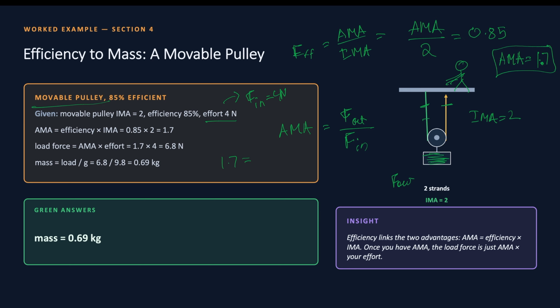Do I know my force in? Well, effort 4 newtons, right? Force in here, 4 newtons. So force out is equal to 4 newtons times 1.7. Or 6.8 newtons.